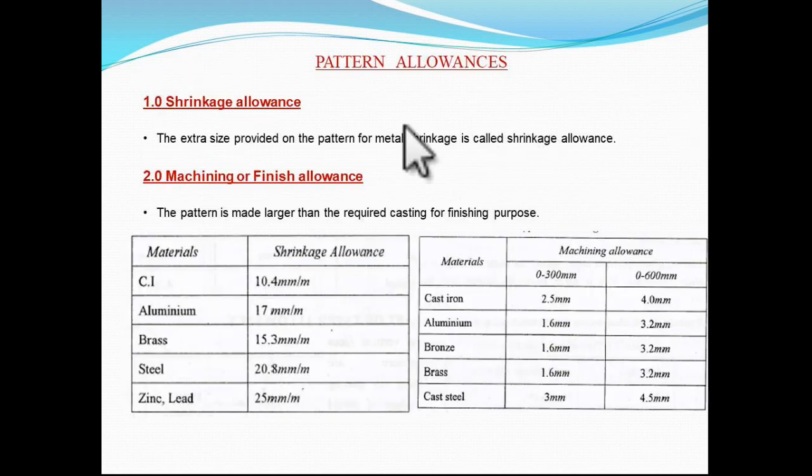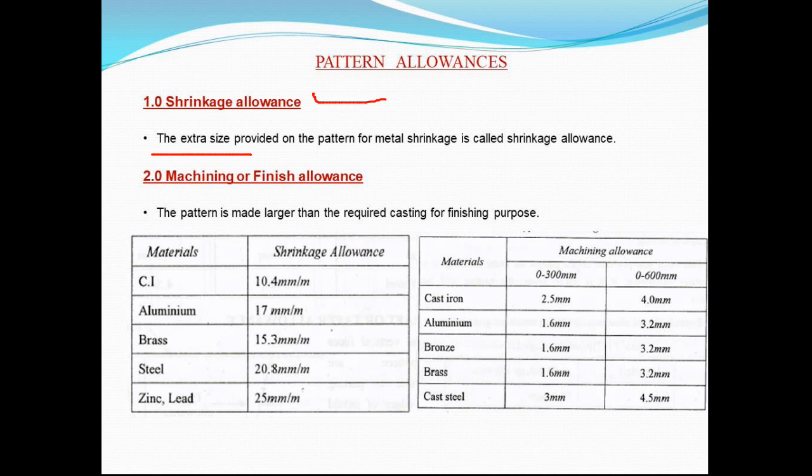Here the first one is material shrinkage. Here the extra size provided on the pattern is for metal shrinkage. We know the metal is going to shrink after solidification, so it is going to reduce in size.